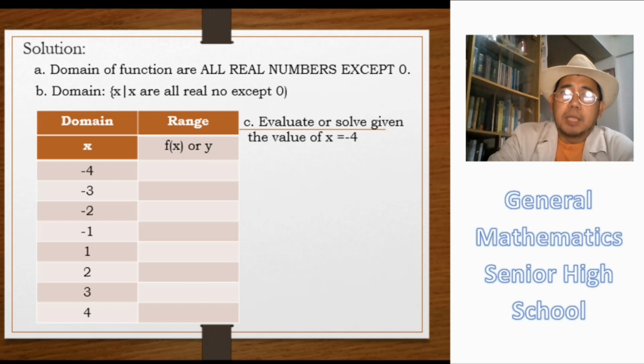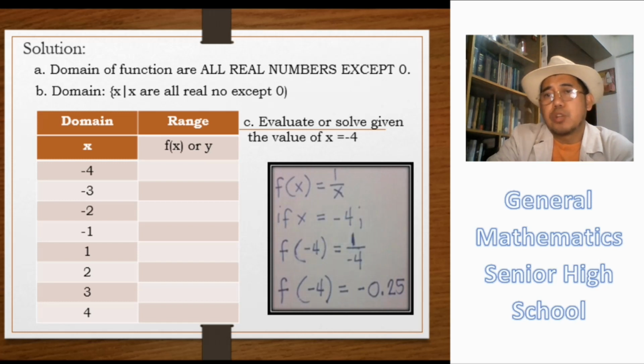If my x is equal to negative 4, so I have in here the computation. f of x is equal to 1 over x, the original function. What if my x is equal to negative 4? So I am going to evaluate. I am going to say f of negative 4 is equated to 1 over x, which is negative 4.